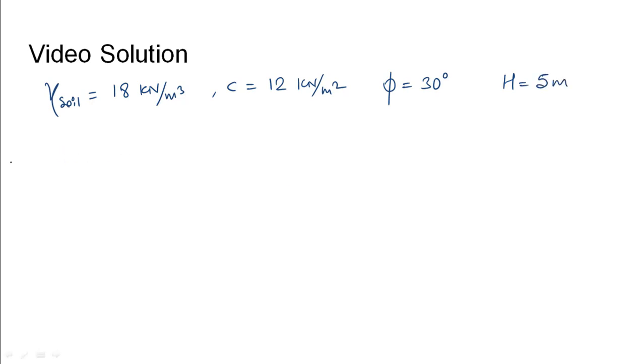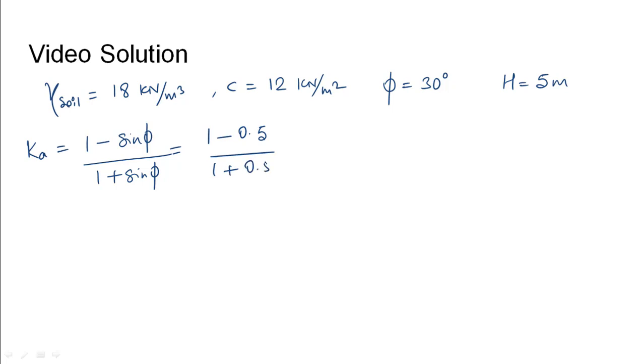So using this value of phi to obtain Ka, that is the coefficient of active earth pressure, the equation for Ka is 1 minus sin phi by 1 plus sin phi. Sin 30 degree is 0.5, so 1 minus 0.5 by 1 plus 0.5. This would give the value to be around 1 by 3.